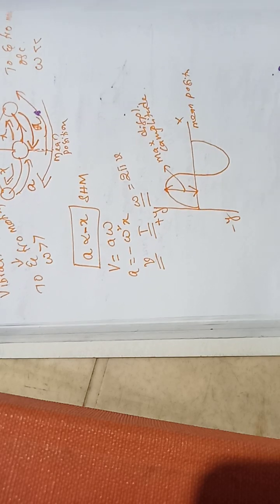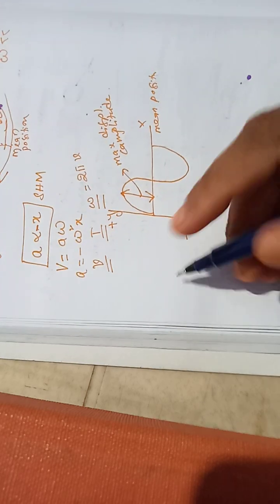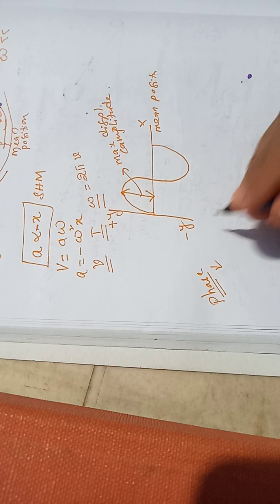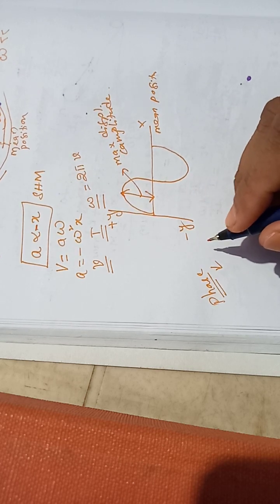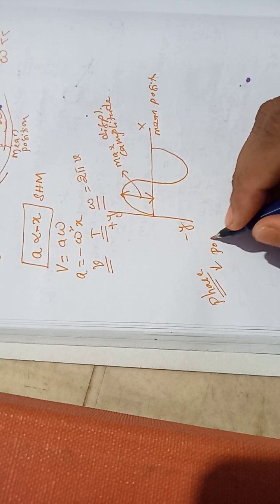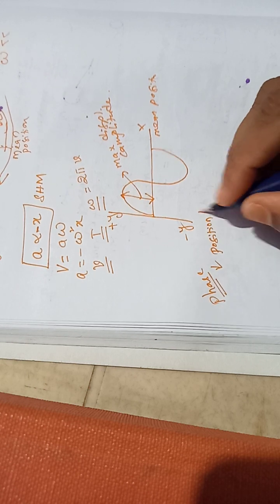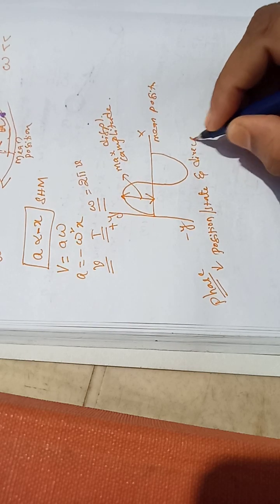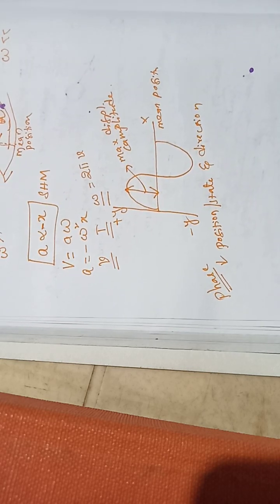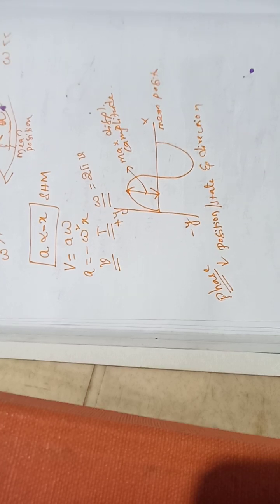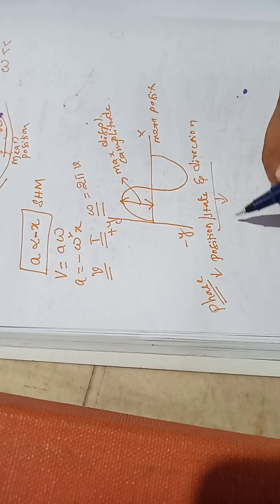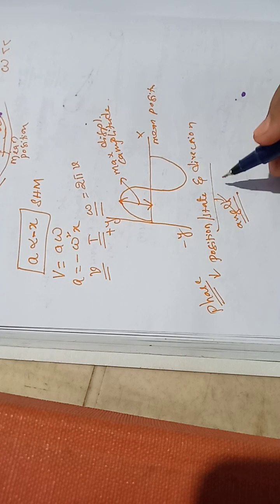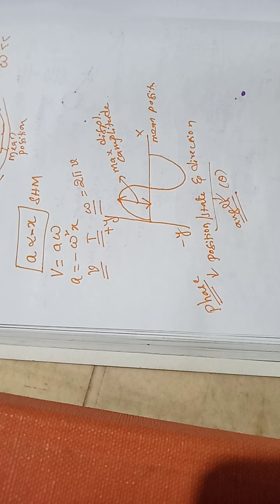Right? Now next, phase. Phase means that particular physical quantity which explains the state or position as well as the direction of a particle. This explanation will be done in terms of angle, and denoted by theta.